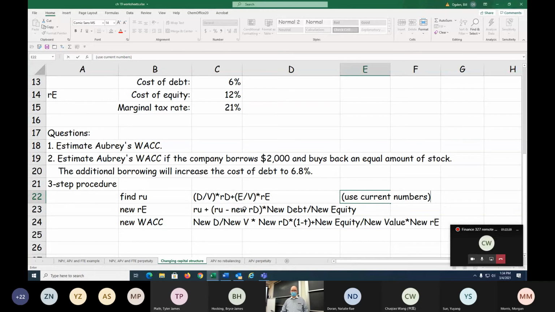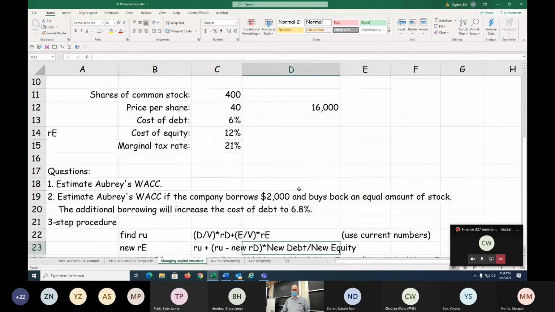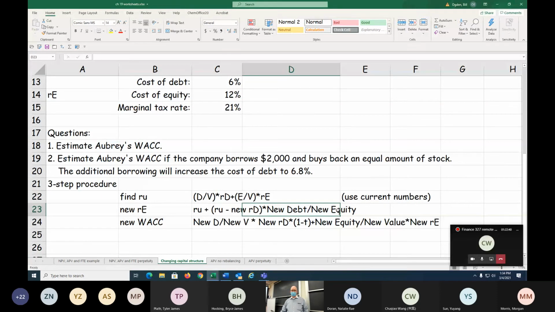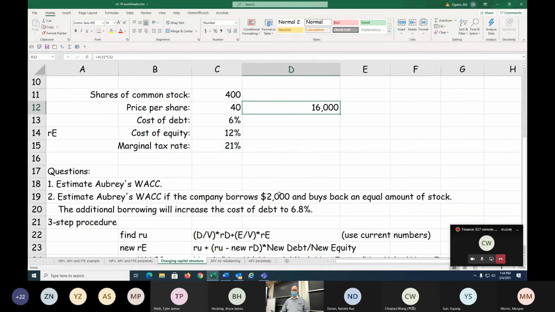So you want the new RD times the new debt divided by the new equity. What's the new debt? They borrowed 2,000. They had 4,000 in debt, so that becomes 6,000. What happens to the equity? They had 16,000 equity, but they're going to buy back $2,000 worth, so that becomes 14,000, won't it?